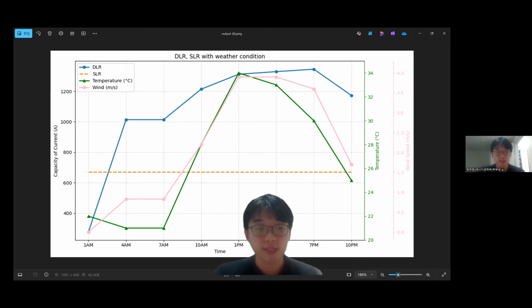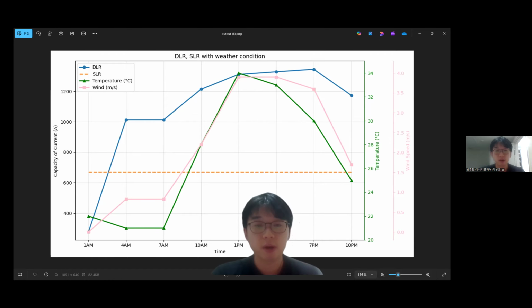However, you can see that the lowest capacity is about DLR. SLR is the same the whole time, but its lowest capacity is higher than DLR.